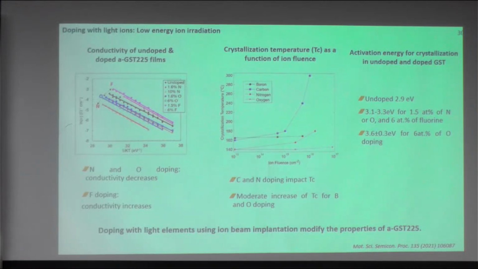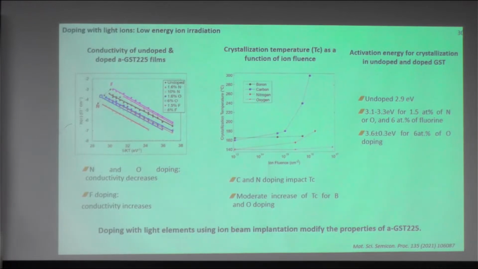The activation energy of crystallization for undoped material is in the range of 2.9 eV. Doping with nitrogen, oxygen, and also fluorine can increase this activation energy of crystallization, and oxygen at a high value of 6 atomic percent also increases the activation energy of crystallization.